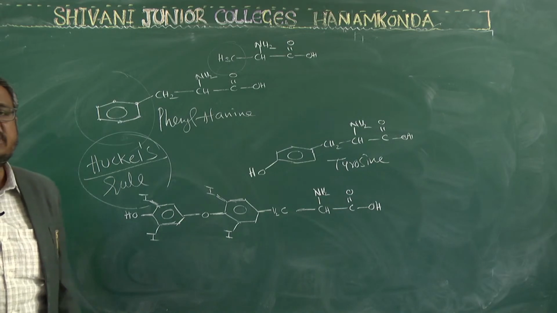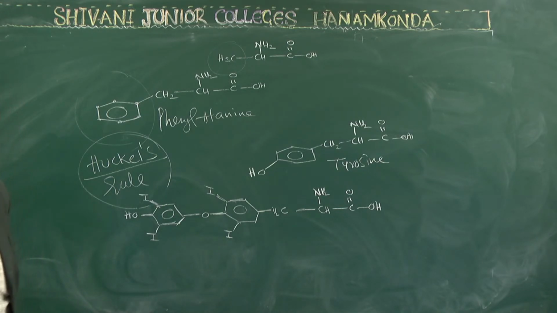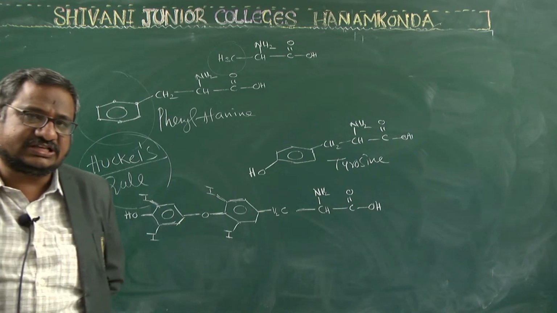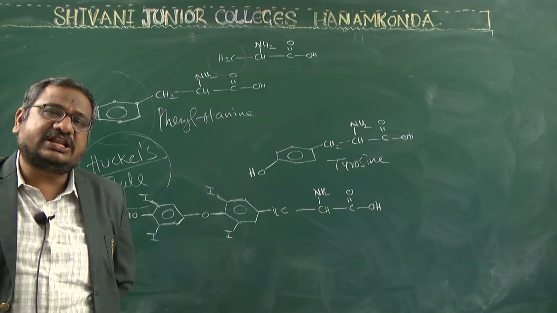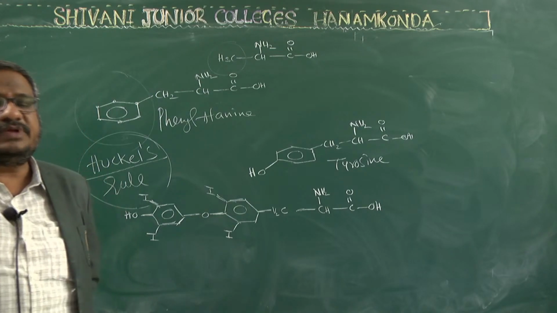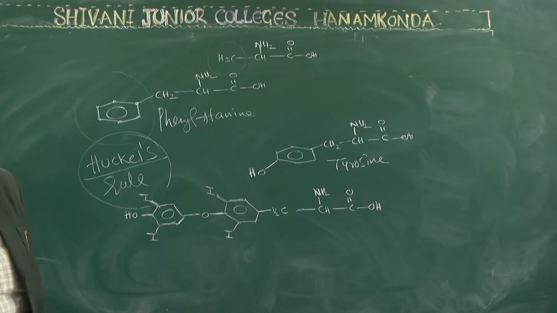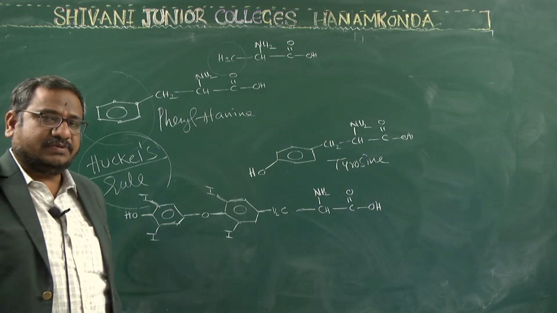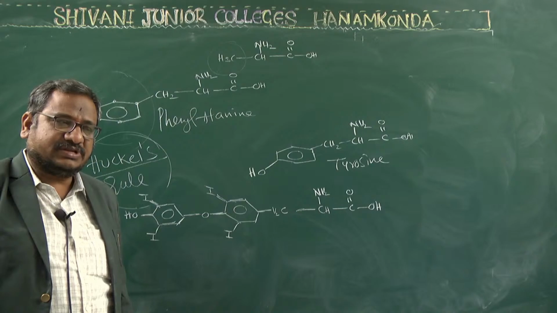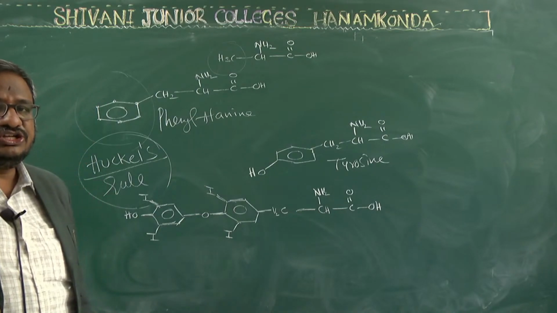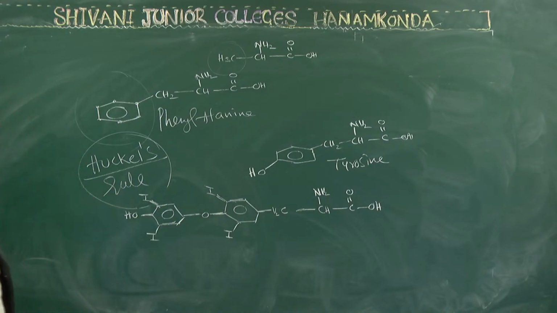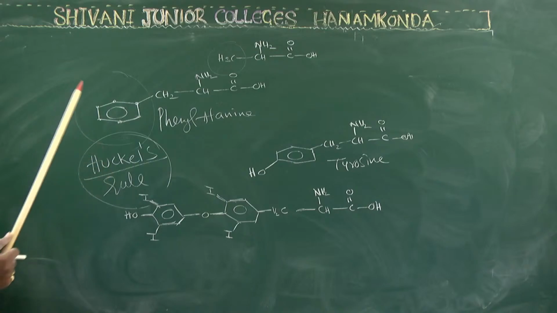Huckel's rule means 4n plus 2 pi electrons are present in a cyclic structure, and those pi electrons are arranged in conjugation. With conjugation it has sp2 hybridization, planar geometry, delocalization and resonating structures. Such compounds are called Huckel compounds. If any compound shows Huckel activity, it is an aromatic ring.